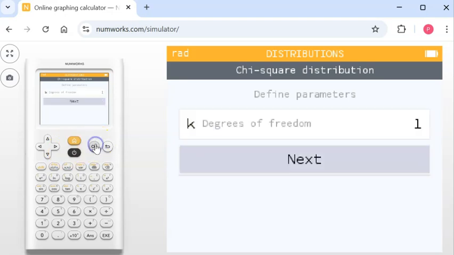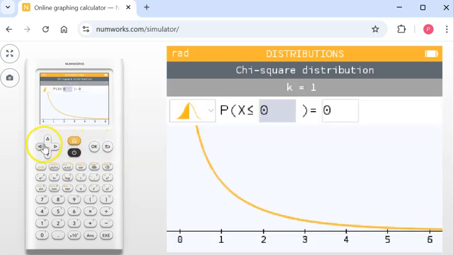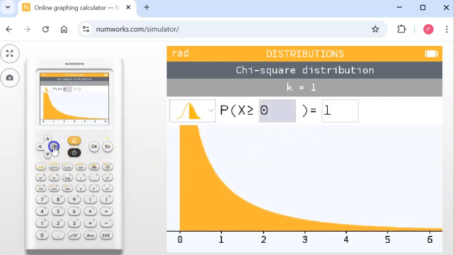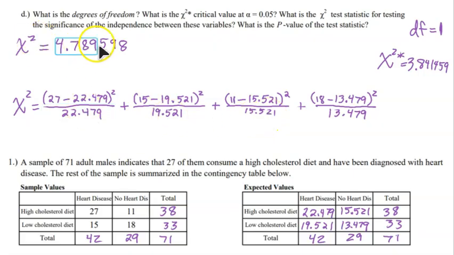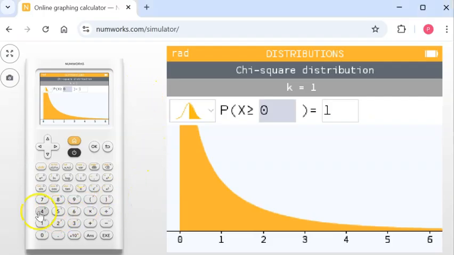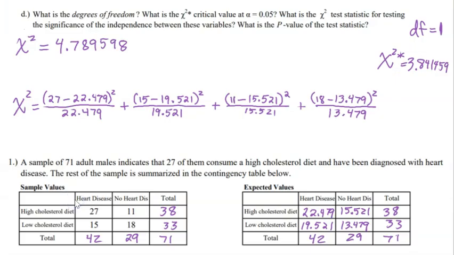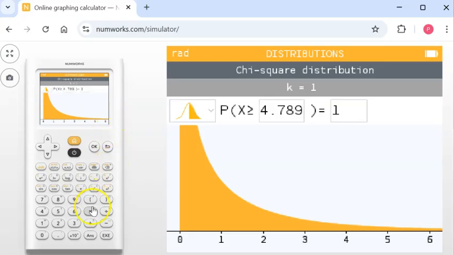And then we're going to hit next. And now, remember, we're going to change it to the right tail shading. Hit OK. And now, instead of putting in a number over here in the p-value, we're actually going to put in our chi-square test statistic right here, which is 4.789598.